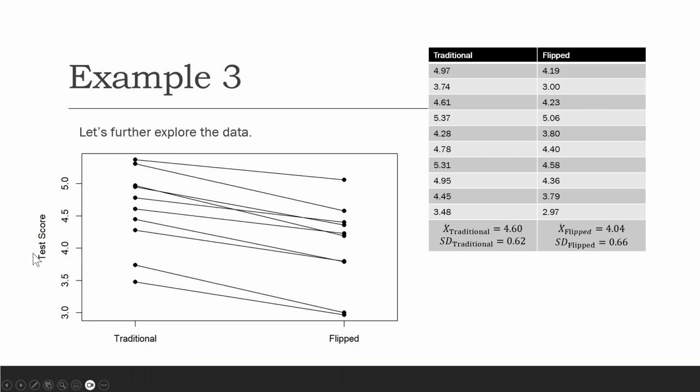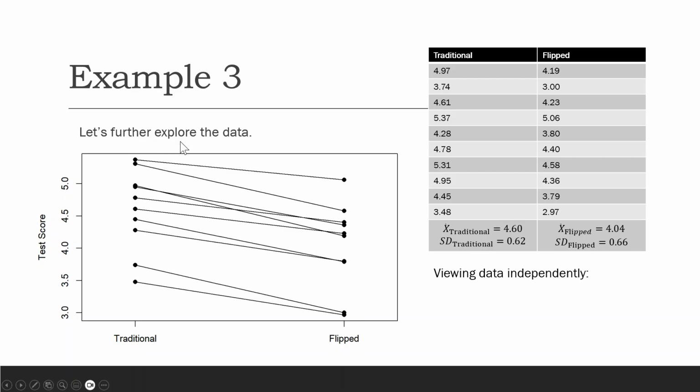This should be the number of hours that those students spend studying outside of class. So I do apologize for that there. This should be the number of hours. But I see that these are the number of hours spent studying for those students in the traditional classroom. And these are the number of hours spent studying for those in the flipped classroom, right?